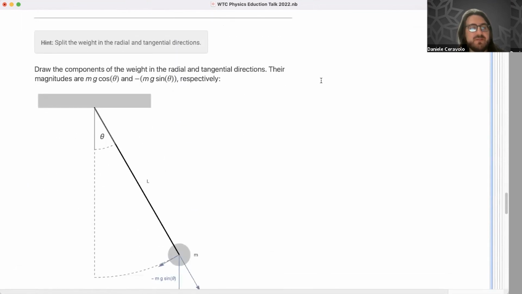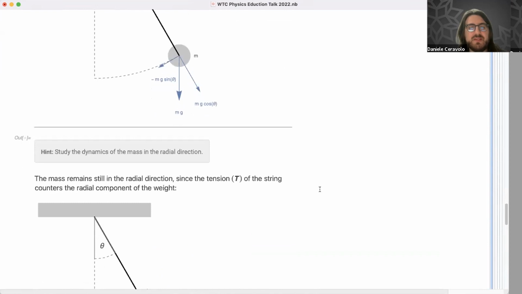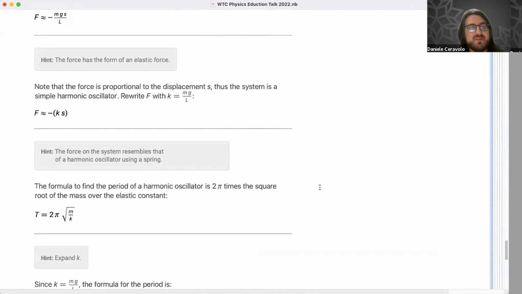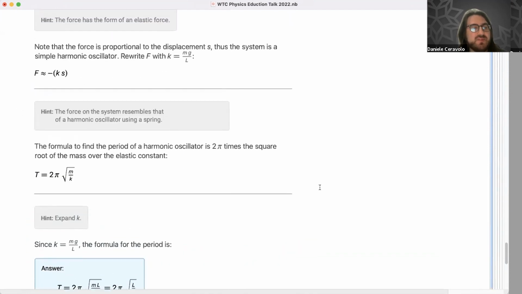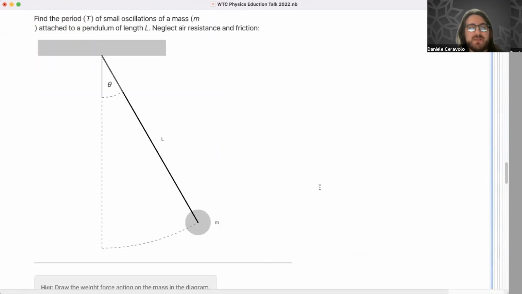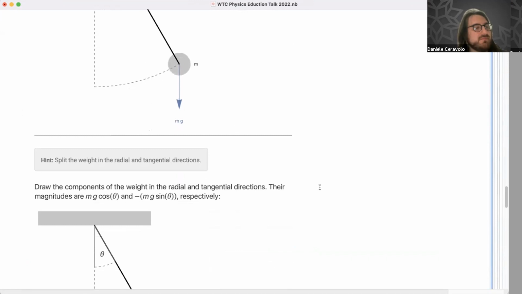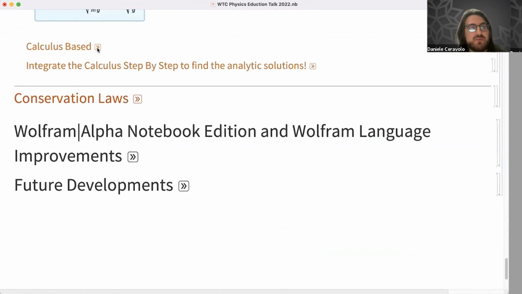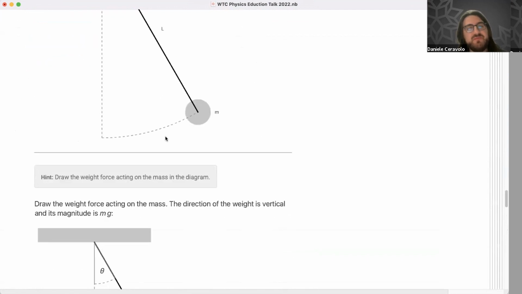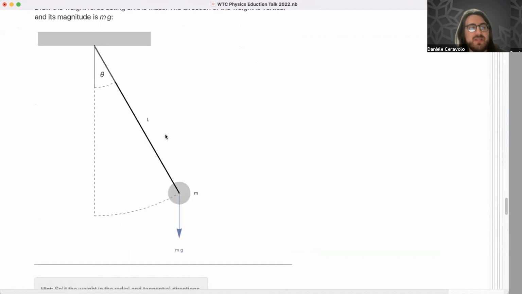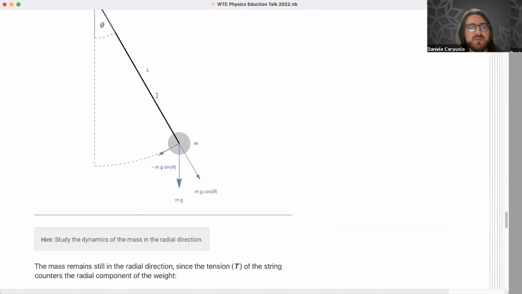We found, for example, here the period, both using an explanation for high school level students, which uses a simpler approach, having done a force diagram and like that, and also a calculus-based one, which is more oriented to students who already know calculus and can use that to full force.